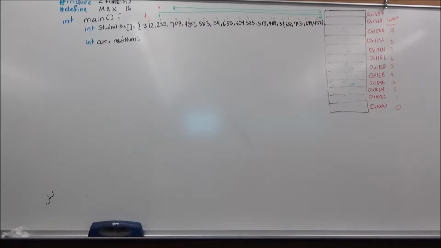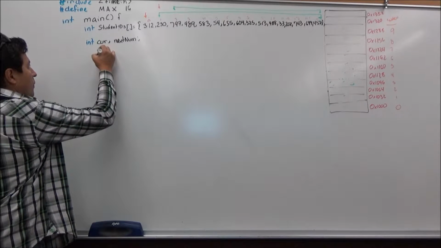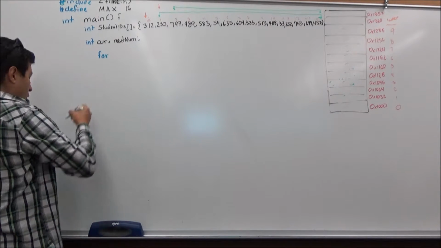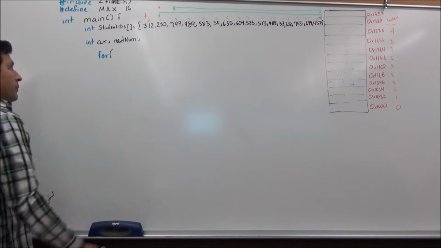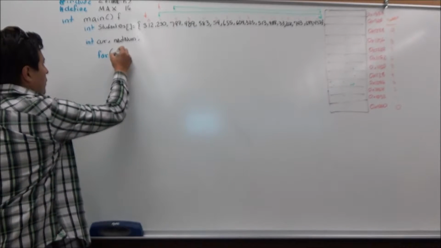And then we need a loop. What kind of loop? From 1 to 16. A for loop. I need a for loop, okay. For current. So what's the first variable? You said current?